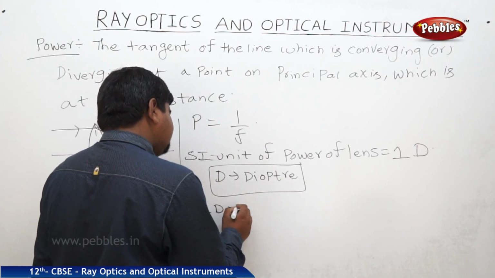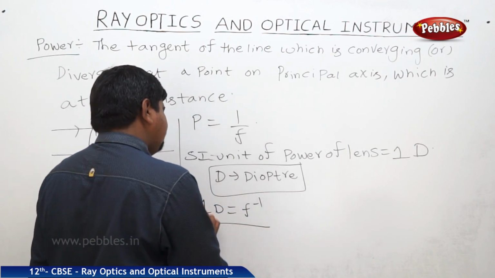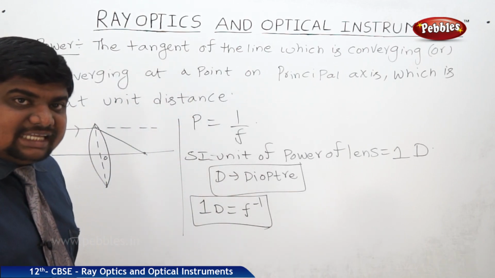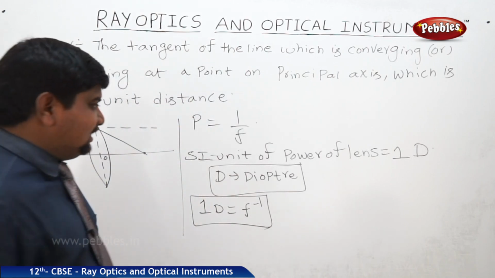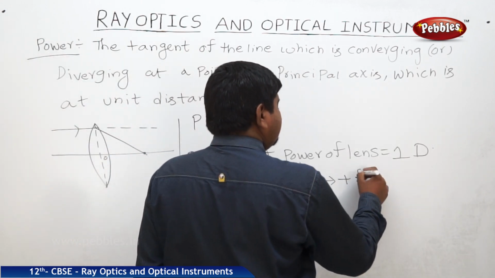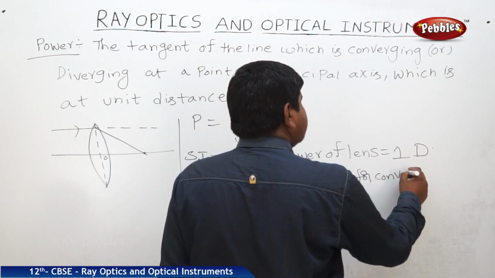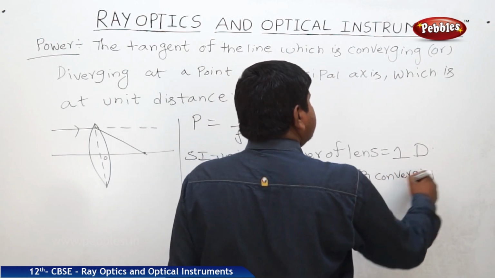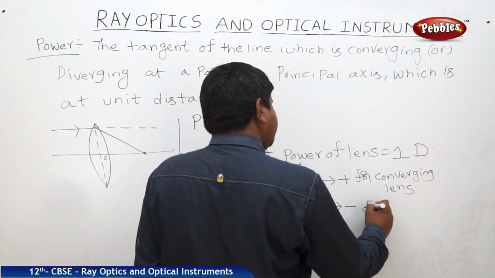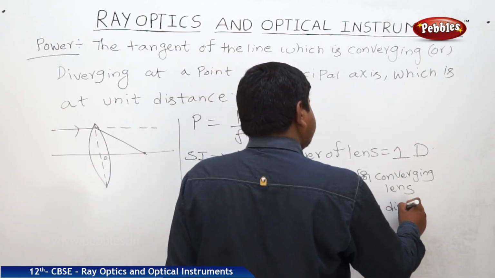So 1 diopter is equal to the inverse of the focal length. And this power is positive for a converging lens and negative for a diverging lens. So P is positive for a converging lens and P is negative for a diverging lens.